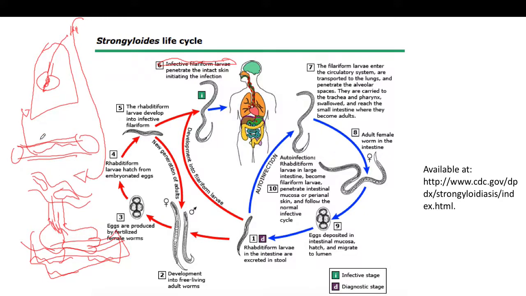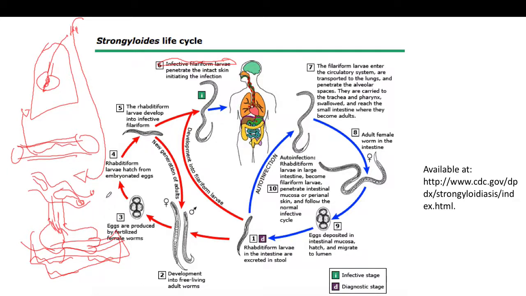This is the only parasitic infection that does this, that doesn't need a new host to do the autoinfection process. It does it on its own. And then the adult that lives within the intestine produces some eggs.